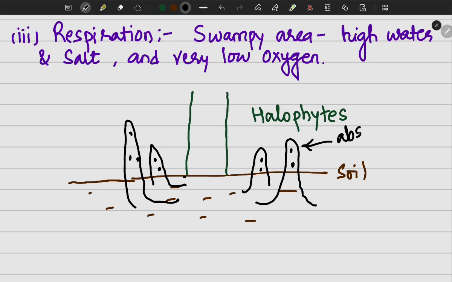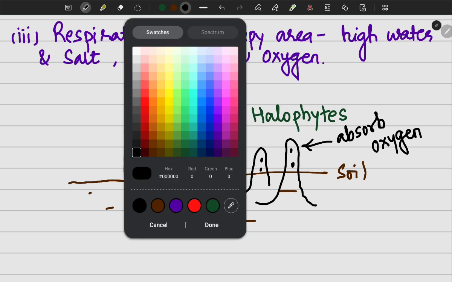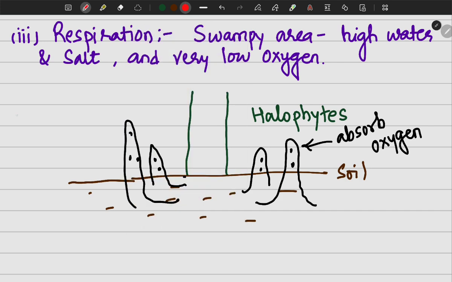They absorb oxygen from the atmosphere. So these specialized roots are called pneumatophores. Pneumatophores are the specialized or modified roots which are responsible for respiration, found in halophytes.